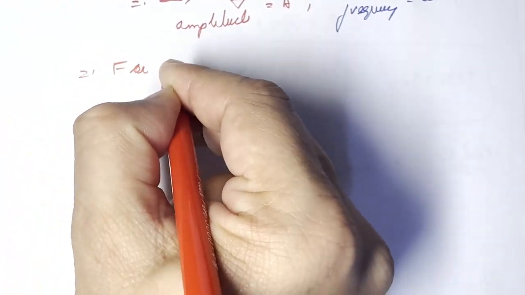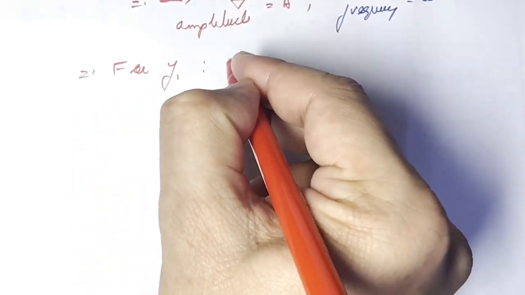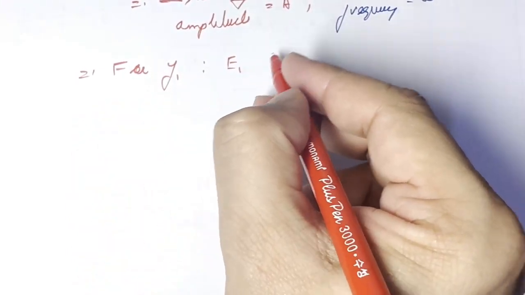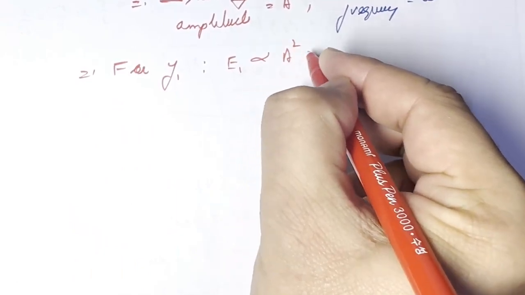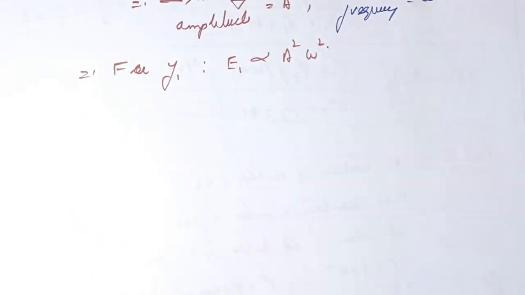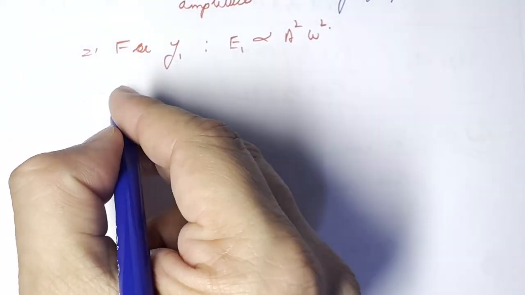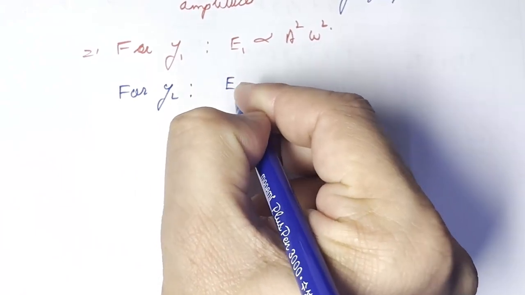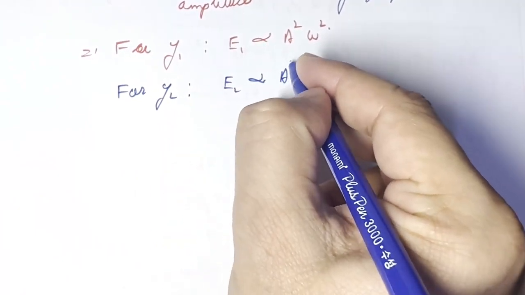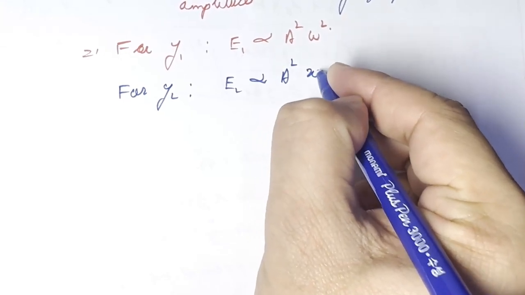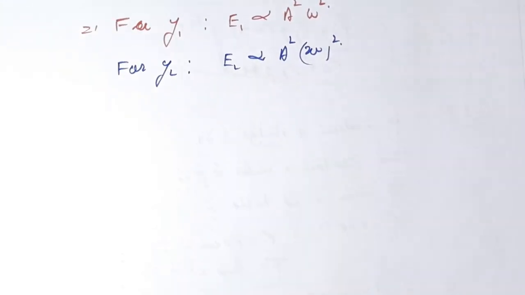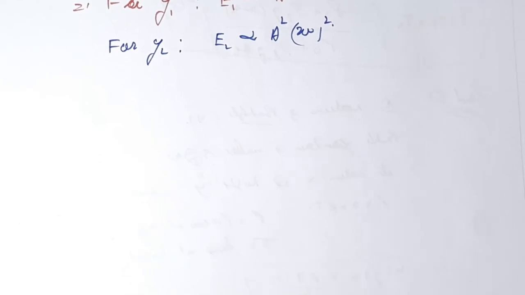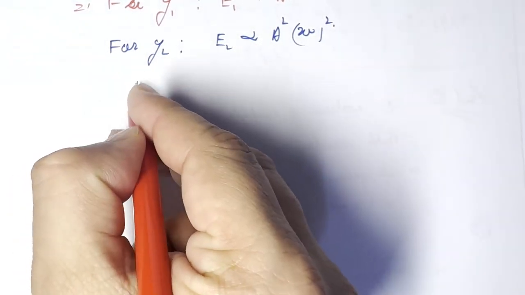Therefore, for y1 the energy E1 is proportional to a square omega square, and for y2 the energy E2 is proportional to a square times (2 omega) whole square. So we can find their ratio.